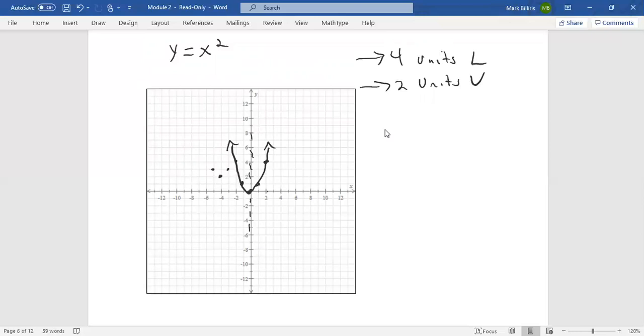So again, I'm going to shift every point 4 units to the left and 2 units up. And then you can use, again, your axis of symmetry to plot your other points. And then there's your new graph after the translation. Okay?